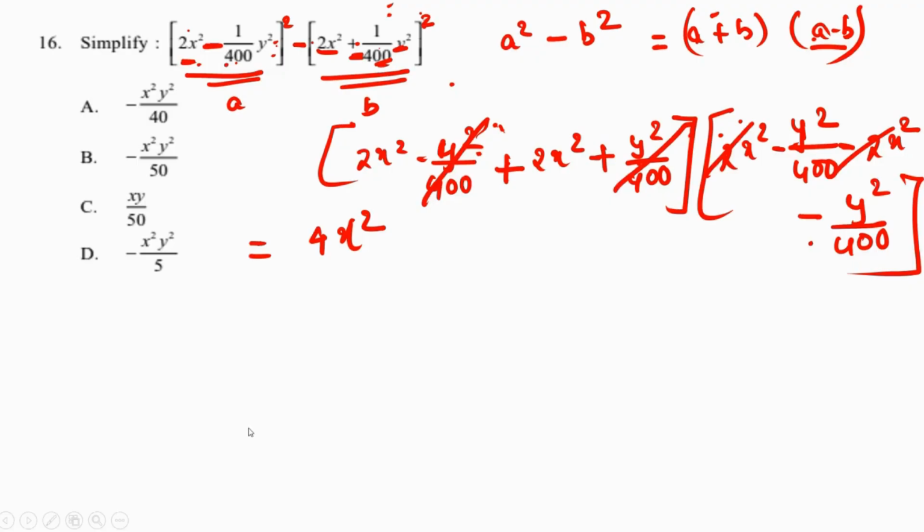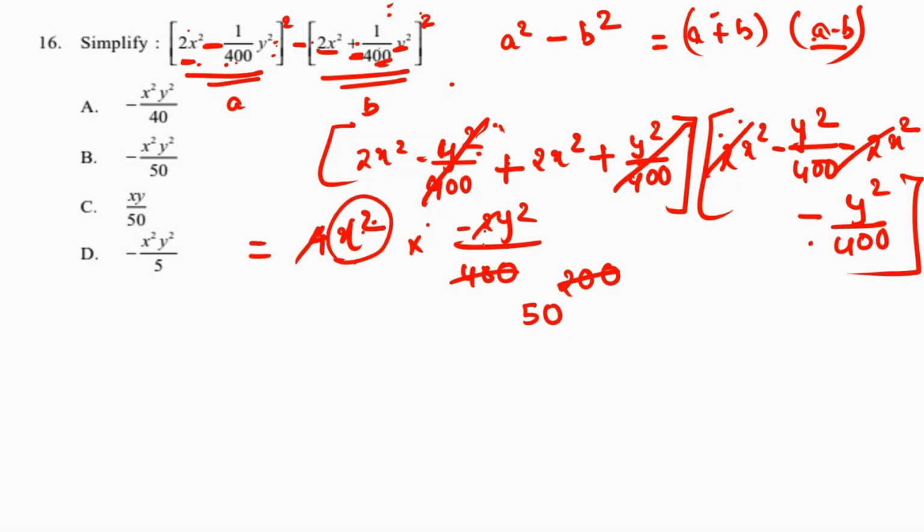So if we multiply these two together, minus 2y square by 100 to 4x square, we can simplify this. 100 times 4 is 400, and 2 over 50. So we have over here x square multiplied to minus y square, which is minus of x square y square by 50. Which is there in option B, hence that's the answer.